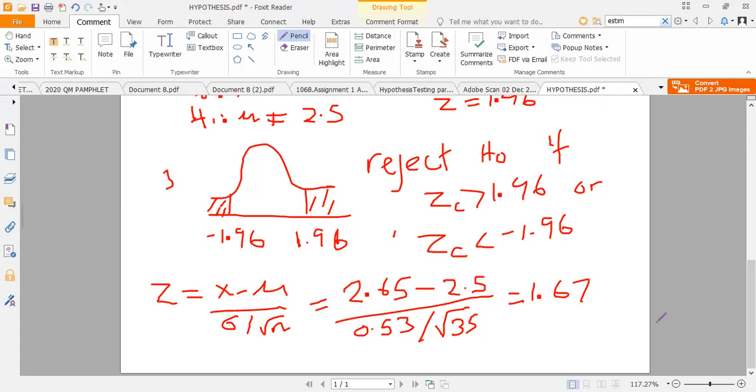What are you getting? We have negative 1 point... Oh, sorry. Zero point 0.18. The final answer is 0 point... Oh, divide by, okay. 1.67 divided by 18.64.